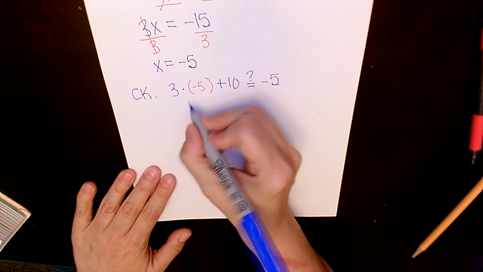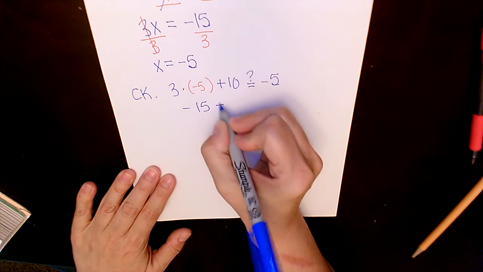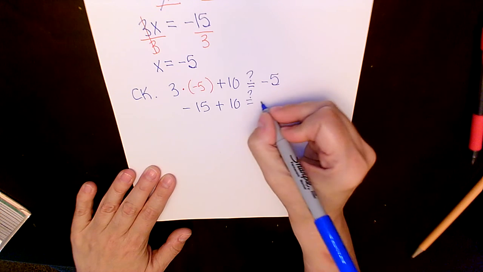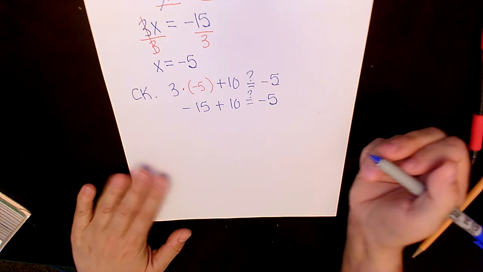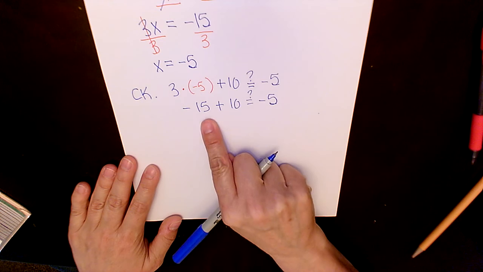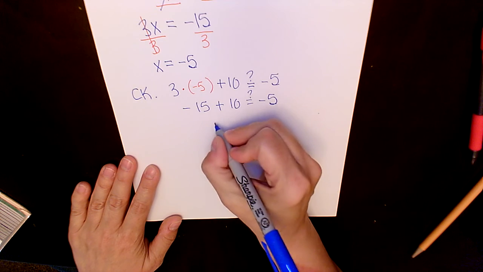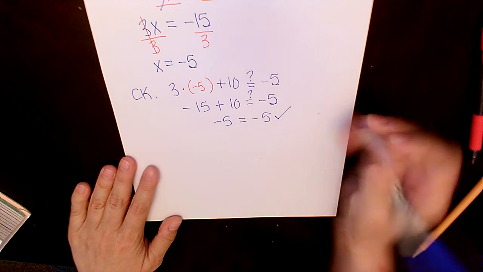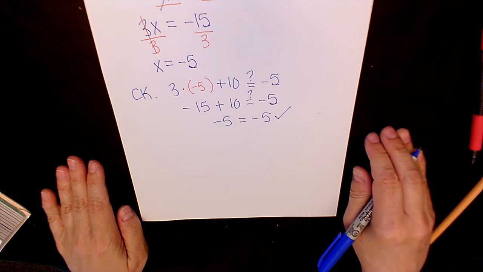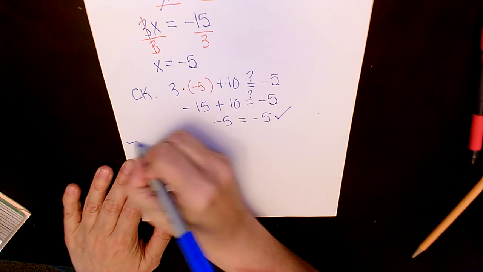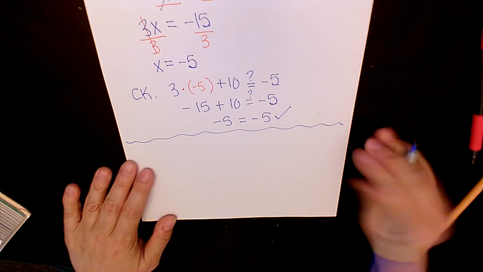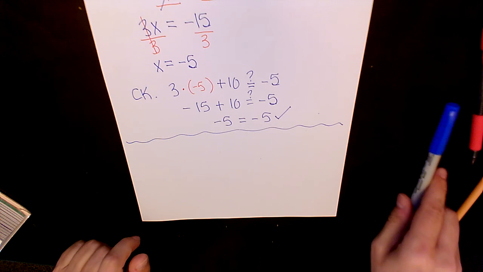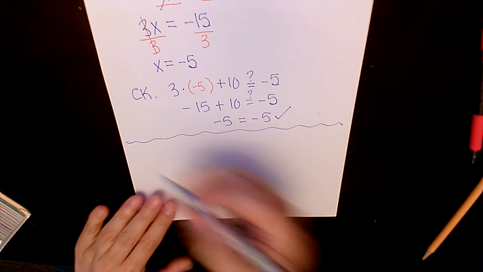So 3 times -5 is -15. Plus 10, does that give me -5 on both sides? Well, -15 plus 10 is -5, and -5 equals -5, so we got a check. So if you just go through and follow the steps, you should be fine.